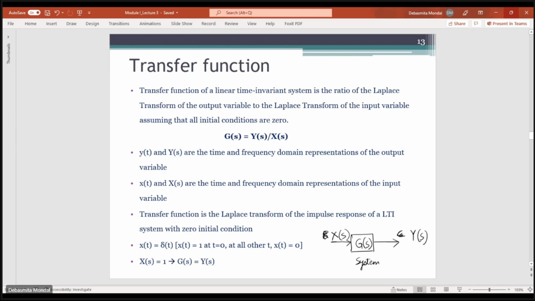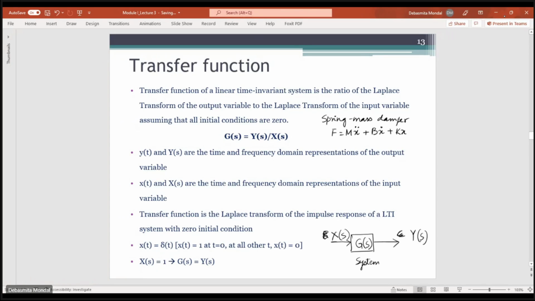So let us take an example, like we have seen in a spring mass damper system. The differential equation model was given by F equals m x double dot plus b x dot plus k into x.